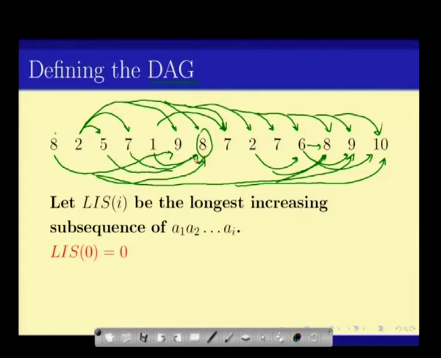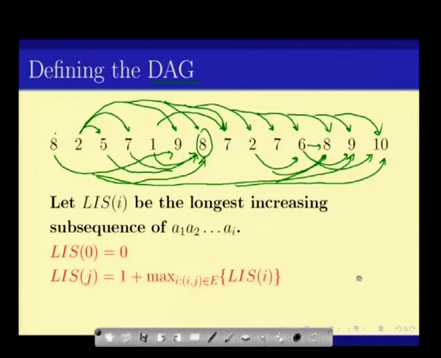Now, the longest increasing subsequence at this point must have stopped at any of these points. So, it must be the longest increasing subsequence at 1, or the longest increasing subsequence at 7, and so on, or it can be the longest increasing subsequence right at this point.